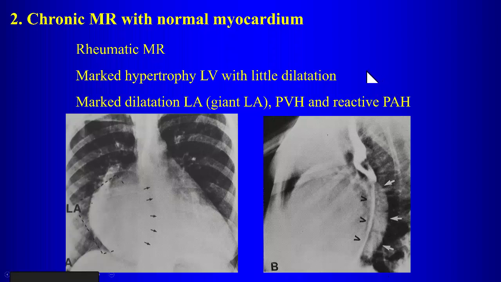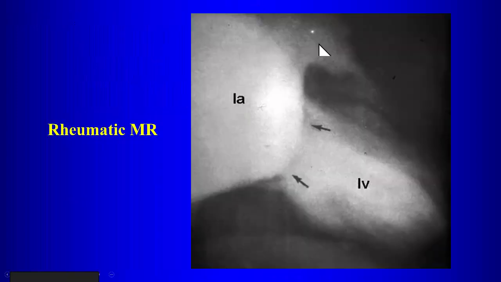So the size of the left atrium is related to the degree of mitral regurgitation, as opposed to mitral stenosis. The size of the left atrium is not as closely related to the severity of mitral stenosis as it is related to the severity of mitral regurg.